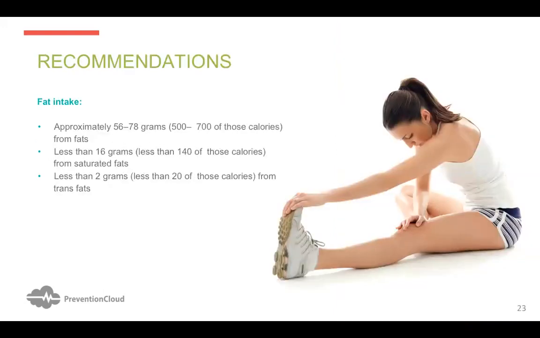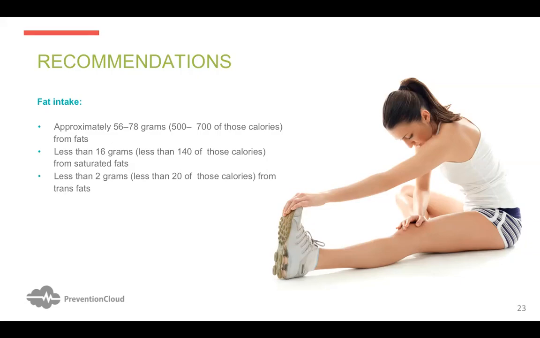And other recommendations, fat intake. Here you can see how many grams or calories you will need from fats, saturated fats, and trans fats. This is just helpful because sometimes I think this can be tricky when reading a label. Okay, I know how many fats I need, but whoa, there's all kinds of different fats. So just breaking it down from this chart.